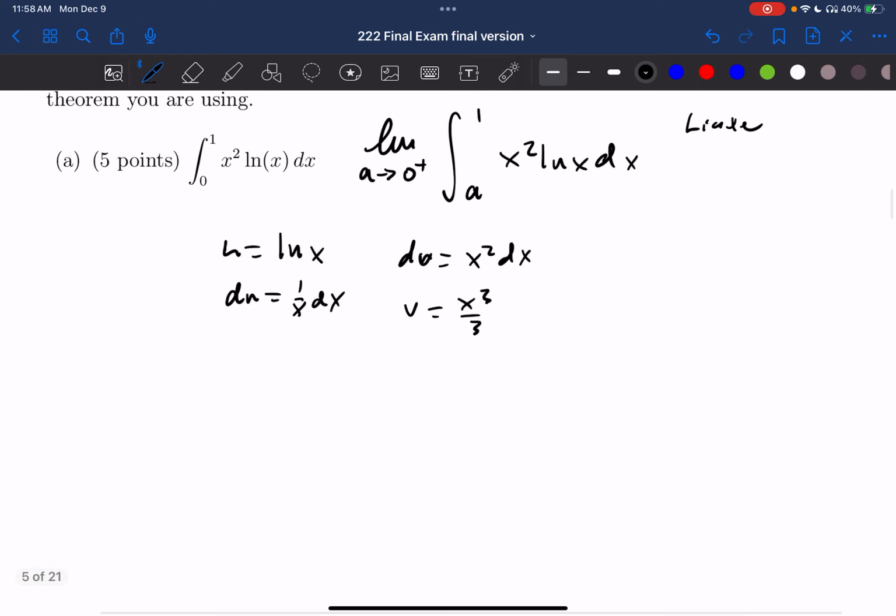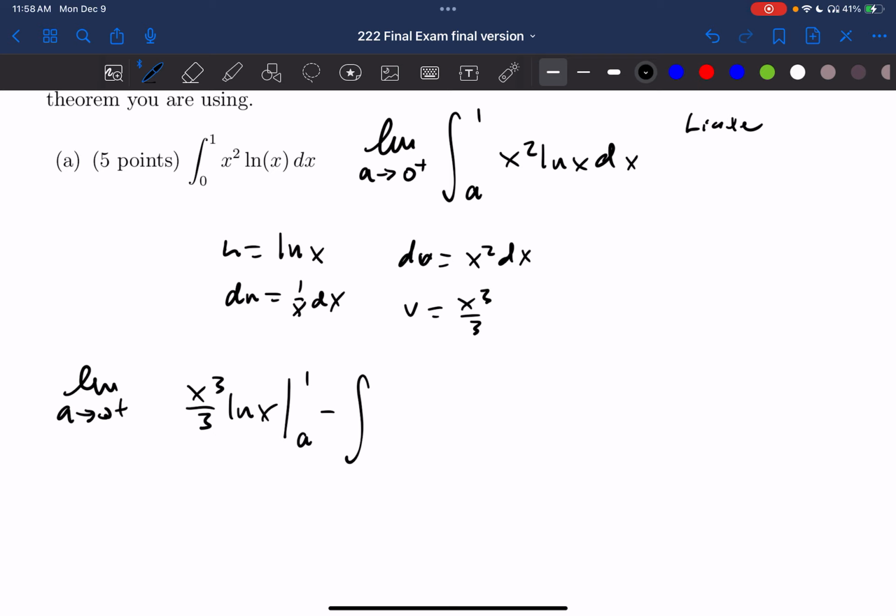Okay, so applying our integration by parts formula, we're going to get x to the third power divided by 3 times ln x, evaluated from a to 1, limit as a goes to 0 from the right, minus the integral of v times du.